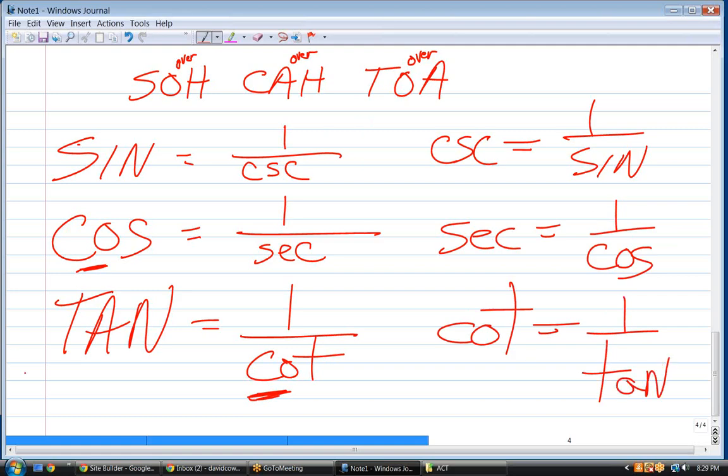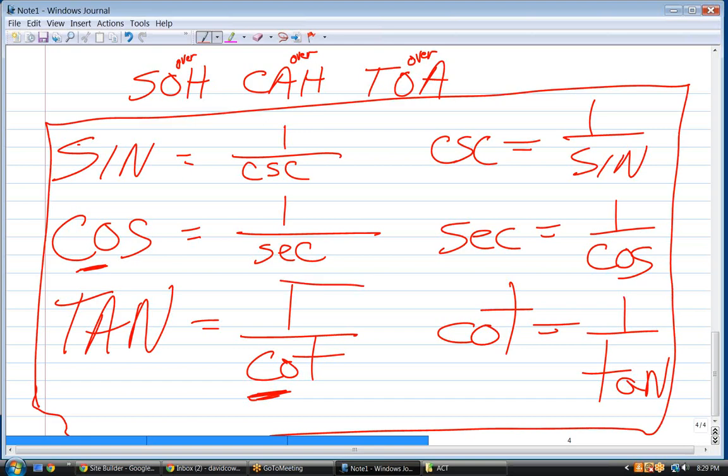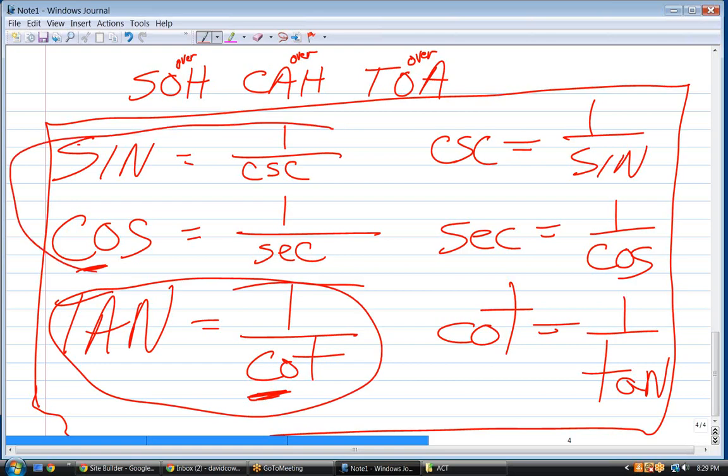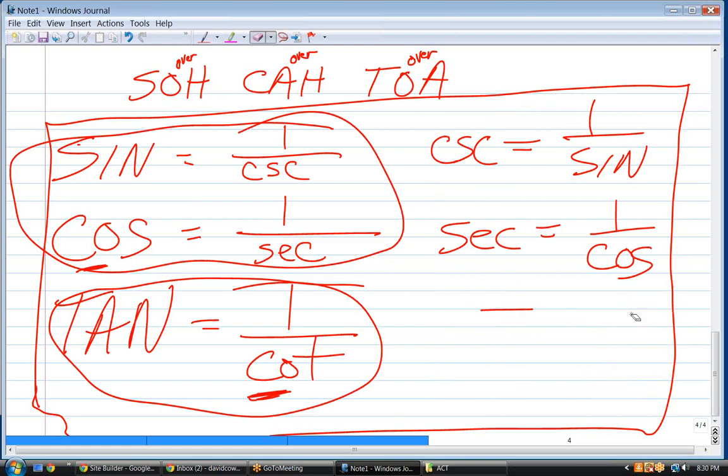So these 6 reciprocal relationships you want to memorize. But you really only have to memorize one, this one right here, because you can figure out these 2. And once you know these 3, you know these 3. So I don't even memorize these. I wipe these from my memory.